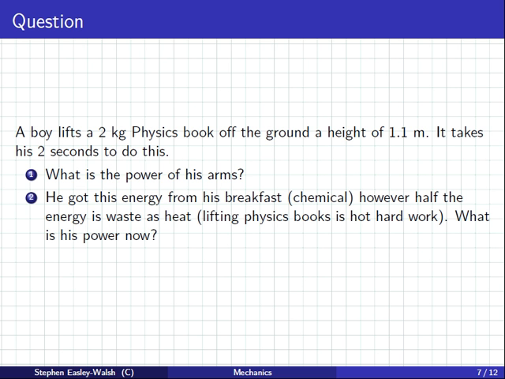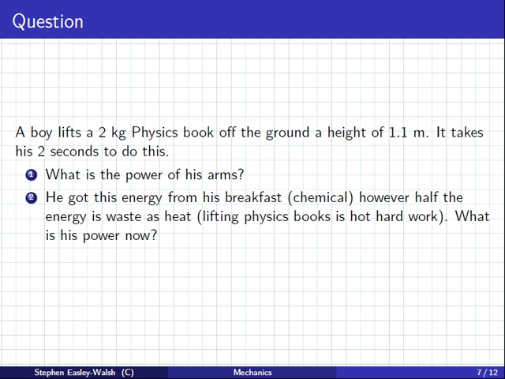The boiler breaks. And now the boiler is only working at 50% efficiency. If I want the same heat in this room, will I need to turn the boiler up or turn it down? I'll have to turn it up. It's the same logic here. If now the boy is less efficient, then his arms will need to be more powerful, not less powerful.